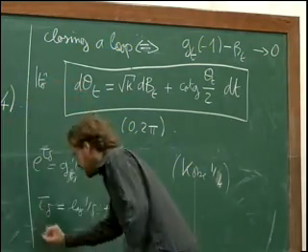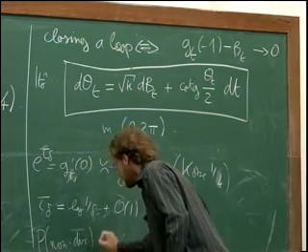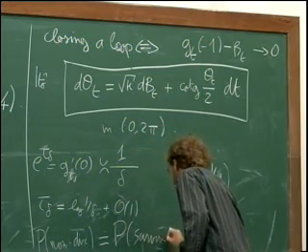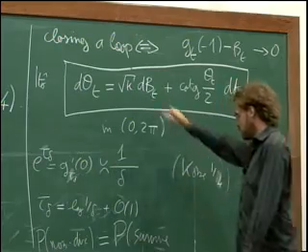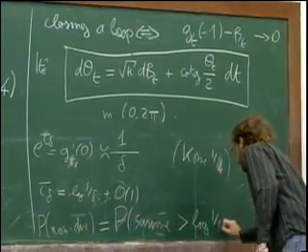So the probability of non-disconnection is the probability that you survive here in terms of the diffusion longer than log of 1 over delta.